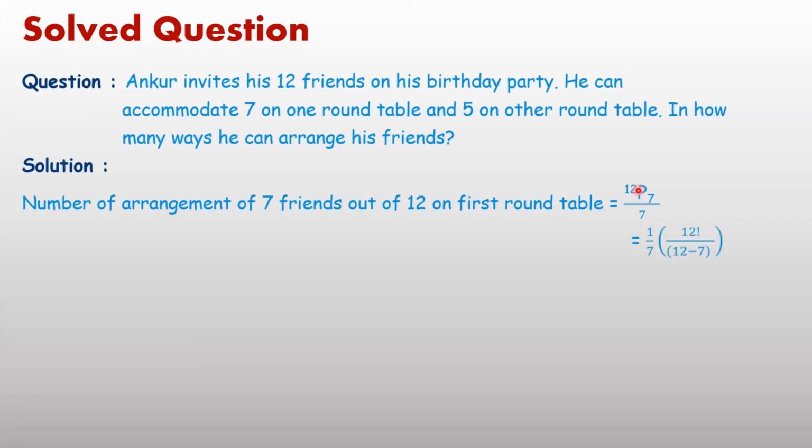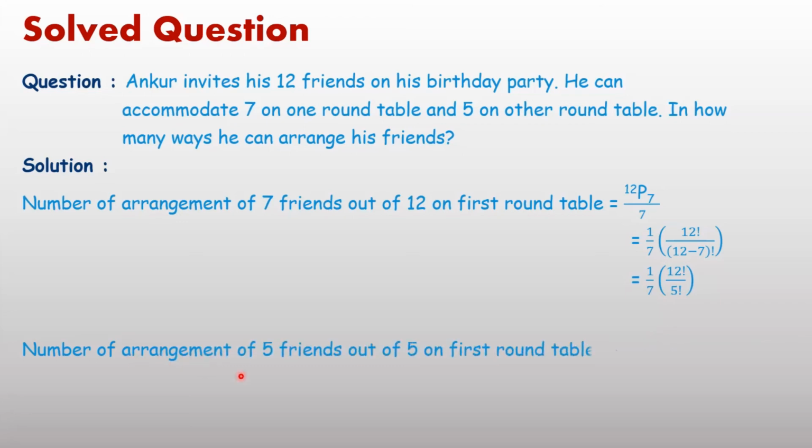The value of 12P7 means 1 upon 7 into factorial 12 upon factorial 12 minus 7, equal to 1 upon 7 into factorial 12 upon factorial 5. Now the remaining 5 friends remain and there are 5 seats on the second table. Therefore, on the second table the arrangement is 5P5 upon 5, equal to factorial 5 upon 5, equal to factorial 4.